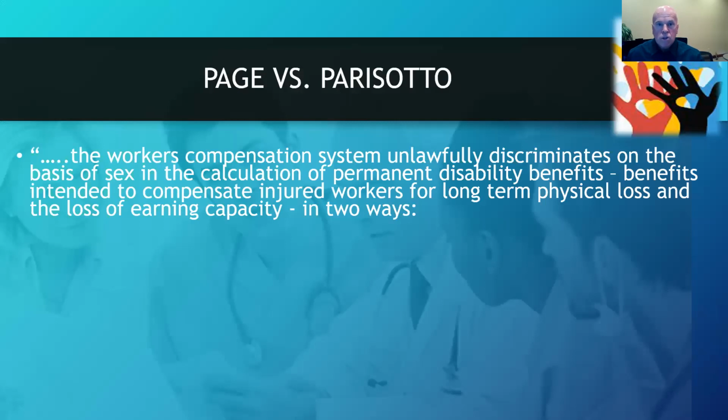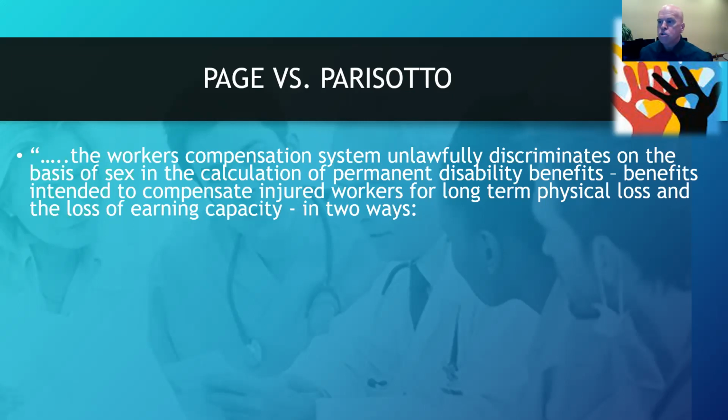So let's talk about the Page versus Perry Soto lawsuit. This is one of the references that I provided for you. This is what really started the whole anti-bias movement. Now, this lawsuit was filed in 2016 by a group of women who were accusing the Division of Workers' Compensation of gender bias in the provision of benefits to injured workers.